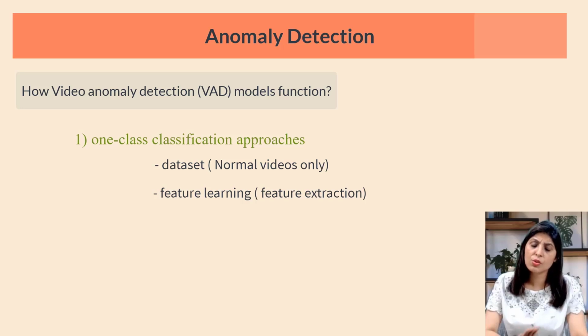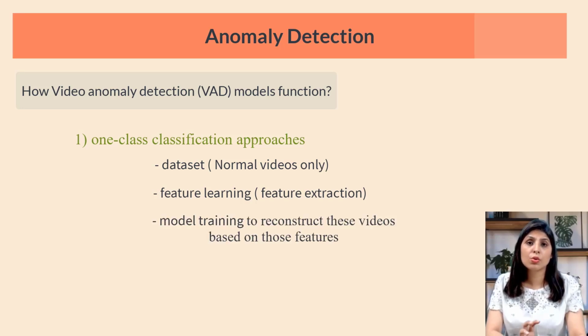To learn these features, various models are available. For example, researchers have started using autoencoders to automatically learn features directly from the data. Once you extract the features from the input video, the model is trained to reconstruct those videos based on the features, and the goal is to make the reconstructed video as similar as possible to the original one.